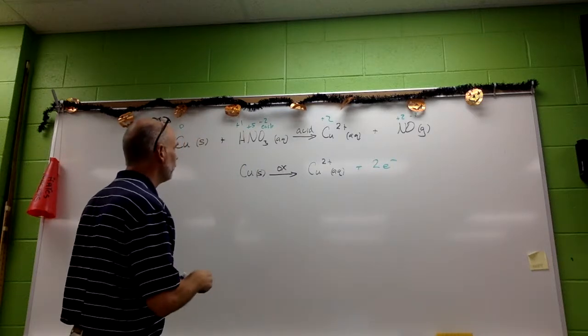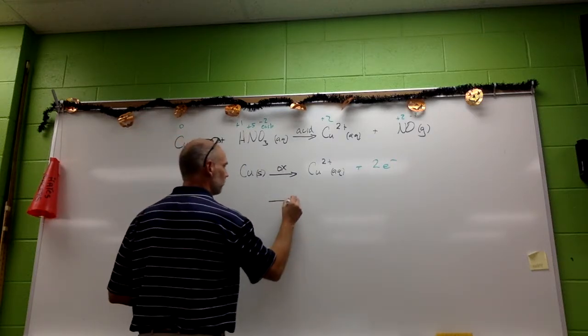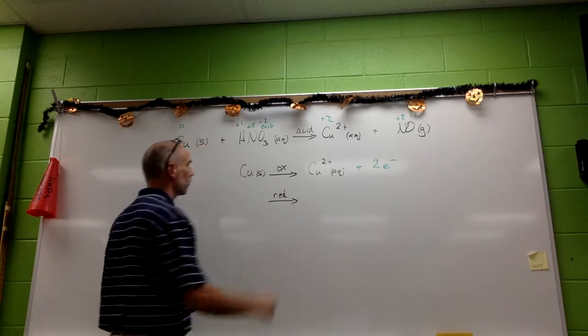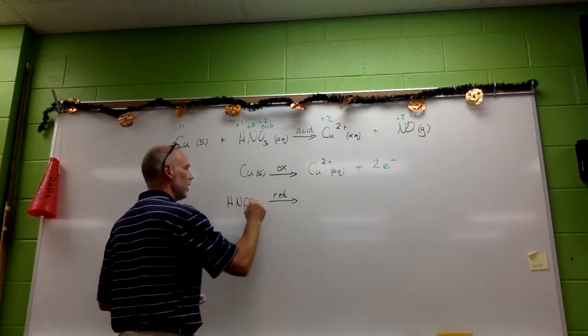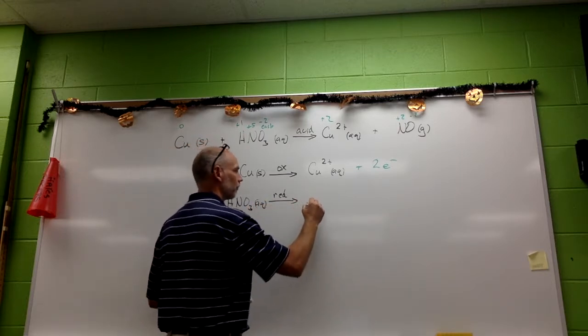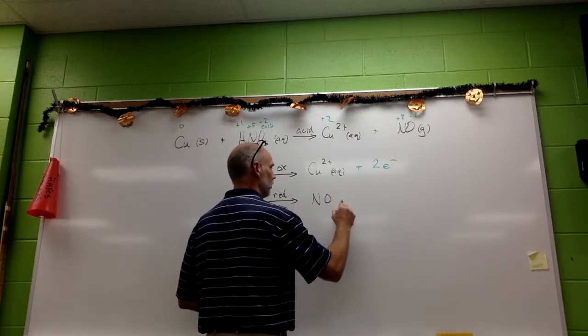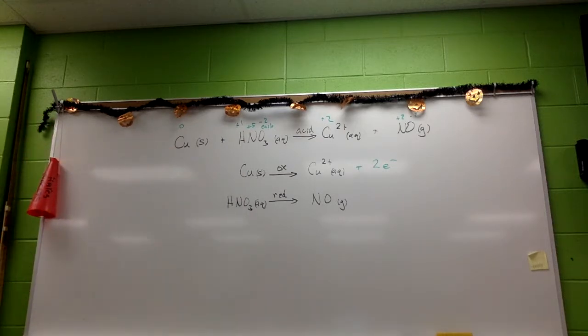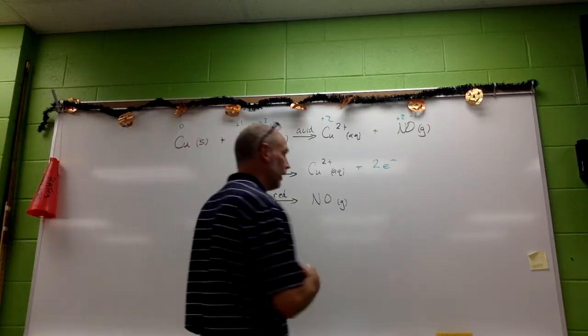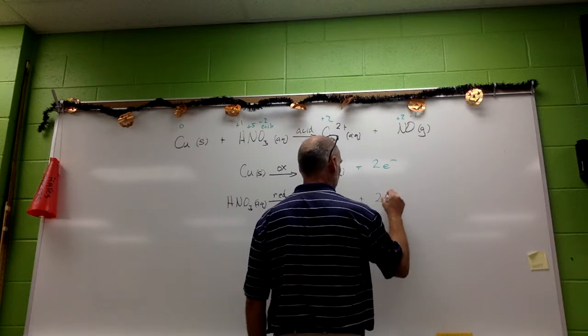Okay, move on to the reduction, which would include the materials in the nitric acid. Balance everything except oxygen and hydrogen. Done. Balance the oxygen by adding water to the product side.